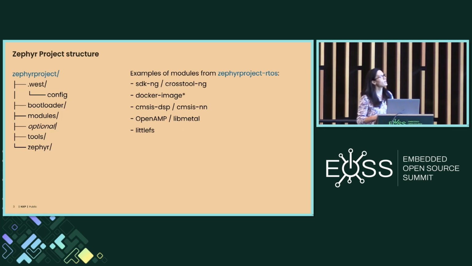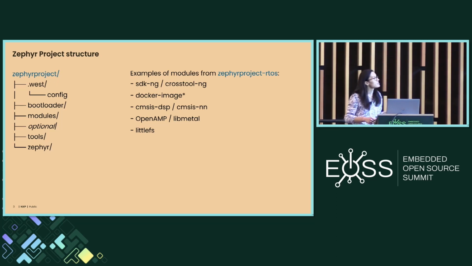On the right side, we have some module examples that can be found in the Zephyr project repository, like SDK-NG, where we have the Zephyr SDK, which contains the toolchain and some development tools. Crosstool-NG is used to build the toolchains. Docker image provides a Docker image for Zephyr development and testing.